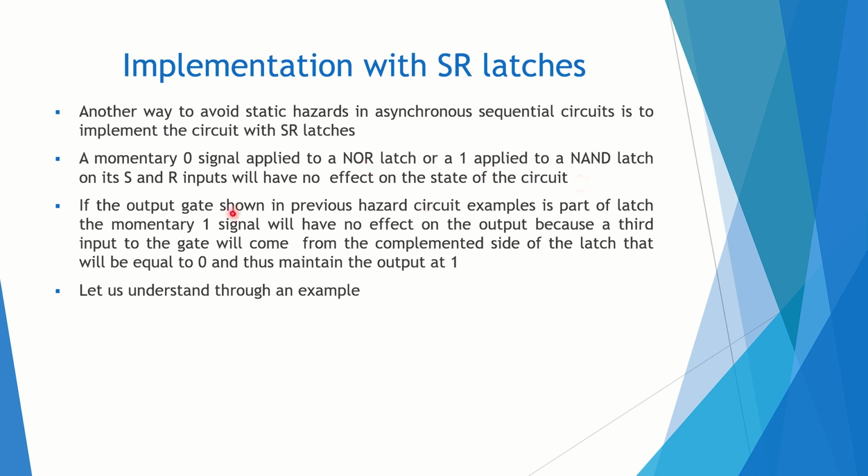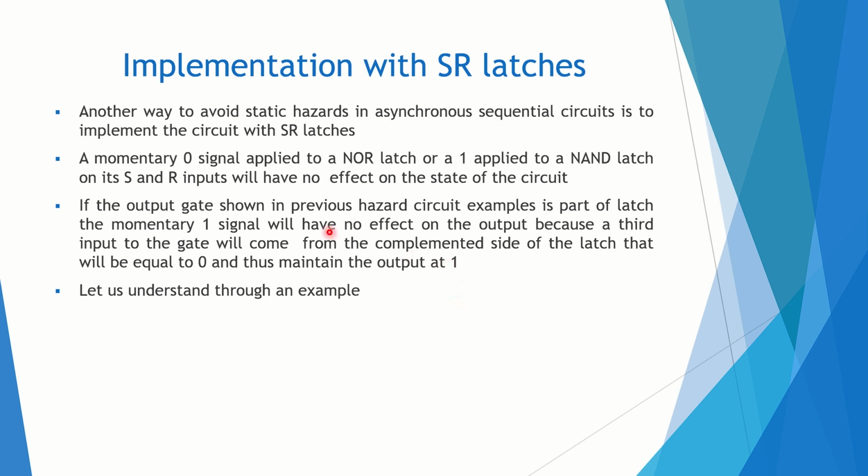So if we give this hazardous circuit as an input to a latch, NOR latch or NAND latch, we'll get a hazard-free asynchronous sequential circuit. If the output gate shown in the previous hazard circuit examples is part of a latch, the momentary 1 signal will have no effect on the output, because a third input to the gate will come from the complementing side of the latch, that will be equal to 0, because there are Q and Q bar.